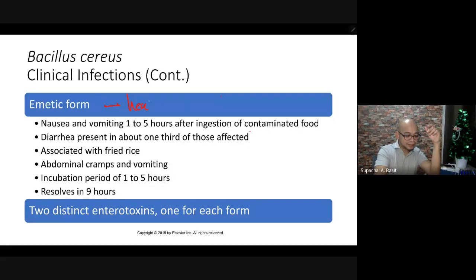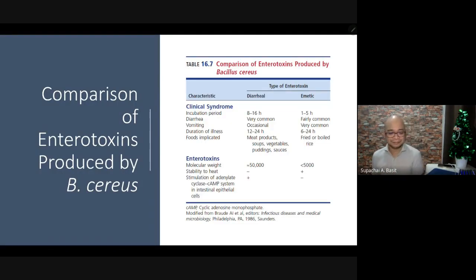The emetic form is due to heat stable toxin. Meaning to say, even if you heat the food, the toxin remains viable. Kaya nga, kahit na yung fried rice, di ba, hinit natin yung rice, but still, the toxin remains viable. So there are two distinct enterotoxins, yung sinabi ko, yung heat labile and heat stable toxins.